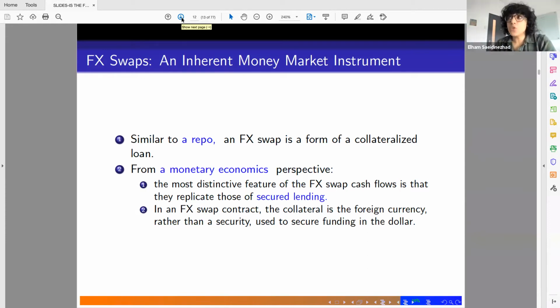Similar to a repo, an FX swap is a form of collateralized loan, which means that from a monetary economics perspective, the important thing that has made this instrument attractive in the market is that it is a form of secured lending.